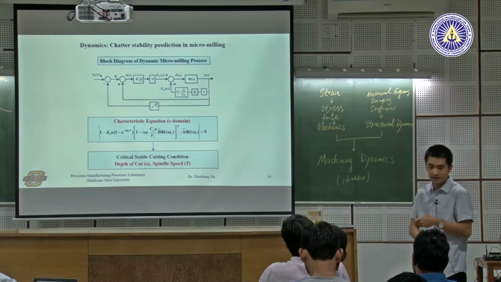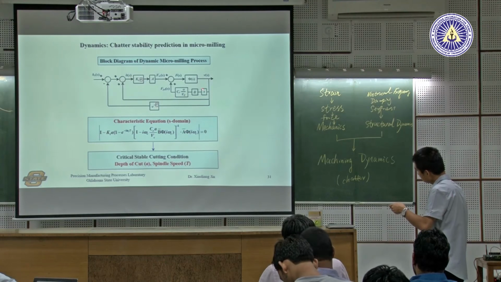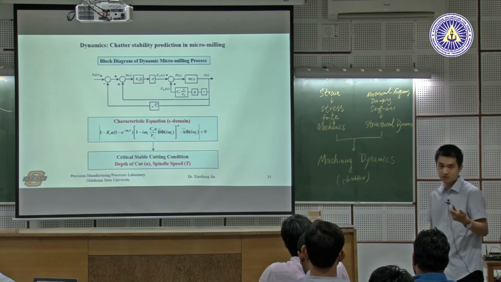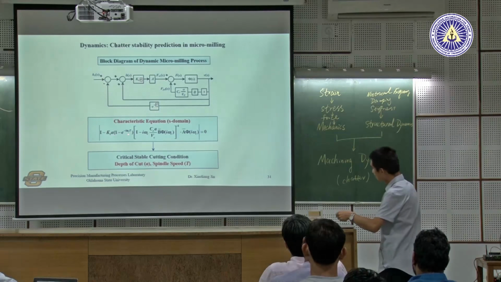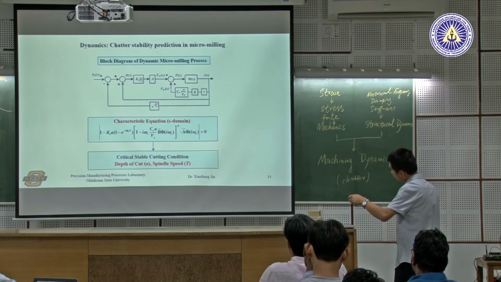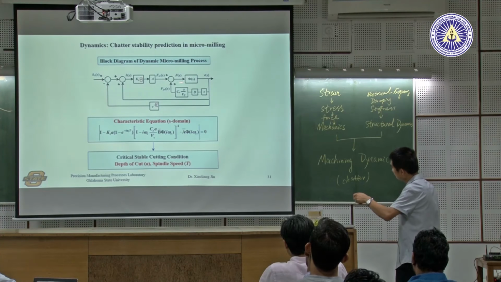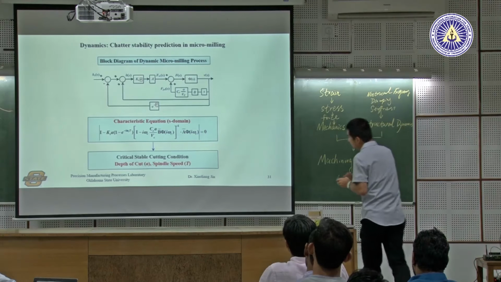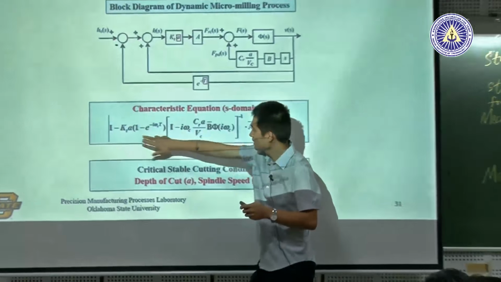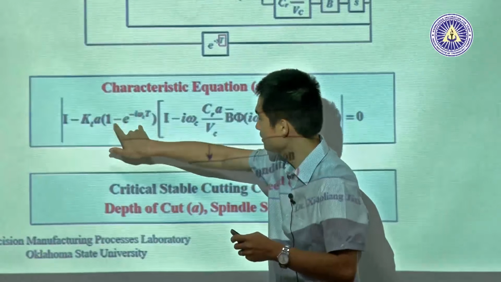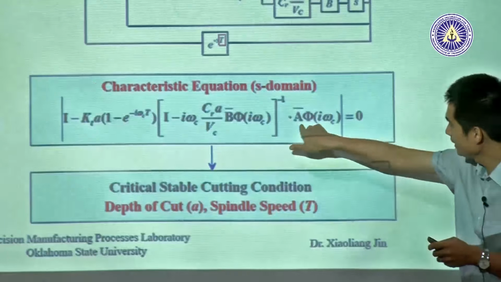Then what happens is, due to this feedback loop, it creates a further headache for predicting the chatter stability lobe. Why? For the conventional machining case, if we don't have this loop, we don't have this part inside the square bracket. It's just I minus K A, the delay part, A times phi.